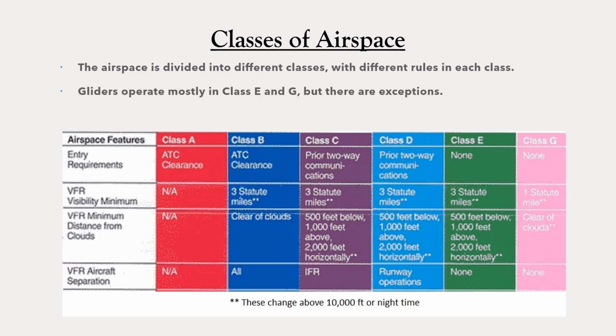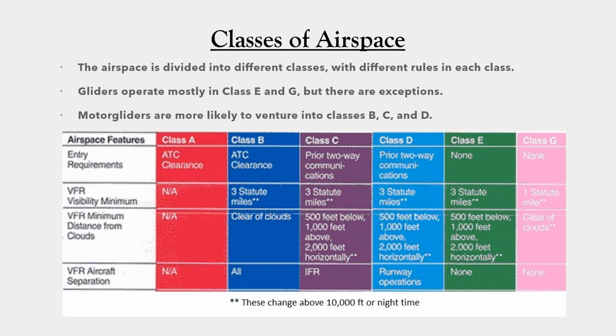So gliders operate mostly in Class E and Class G airspace, but there are some exceptions. So I will cover A, B, C, and D a little bit in this lesson. If you operate a motor glider, which you can do with your glider rating, you'll need a self-launch endorsement.